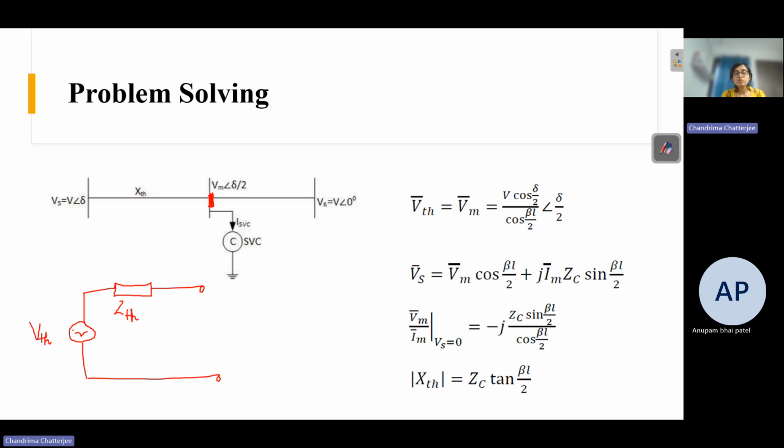So we need to determine the Thevenin voltage and Thevenin impedance at this midpoint.